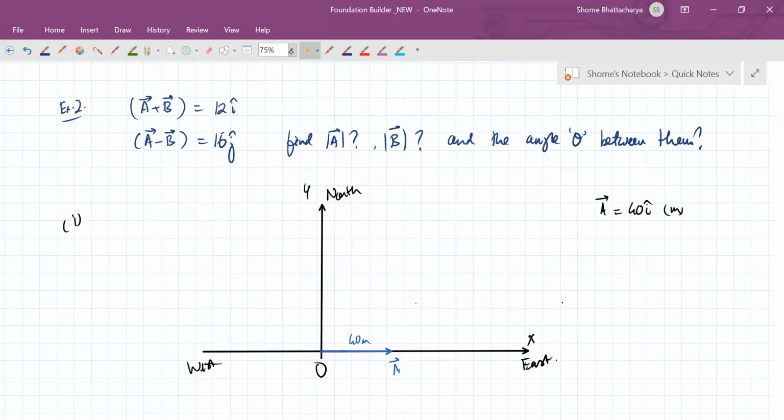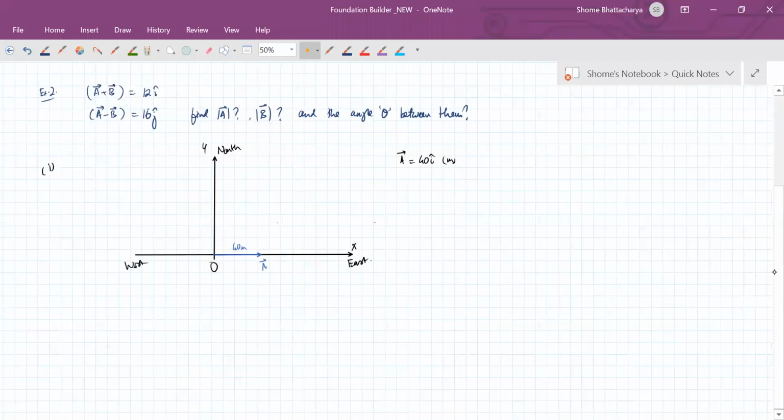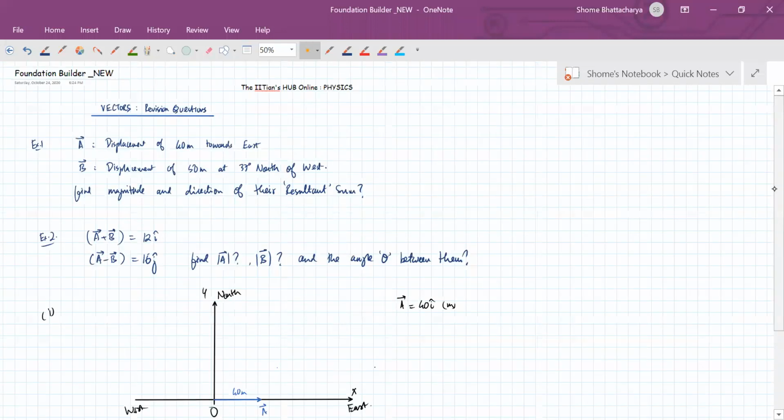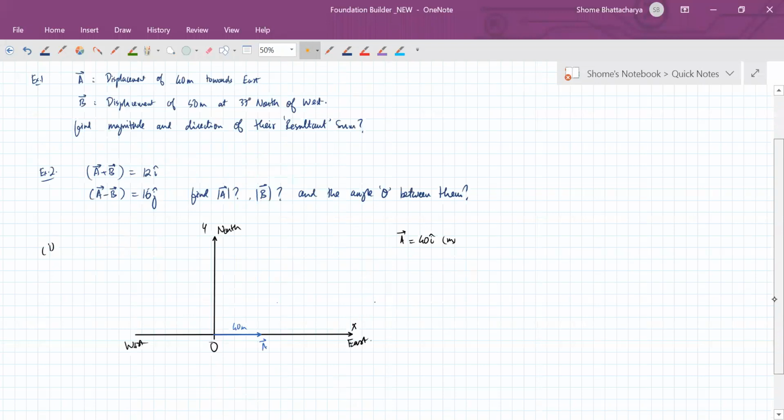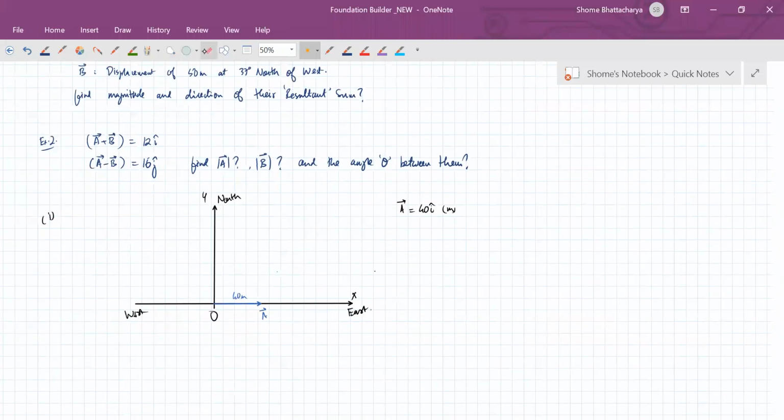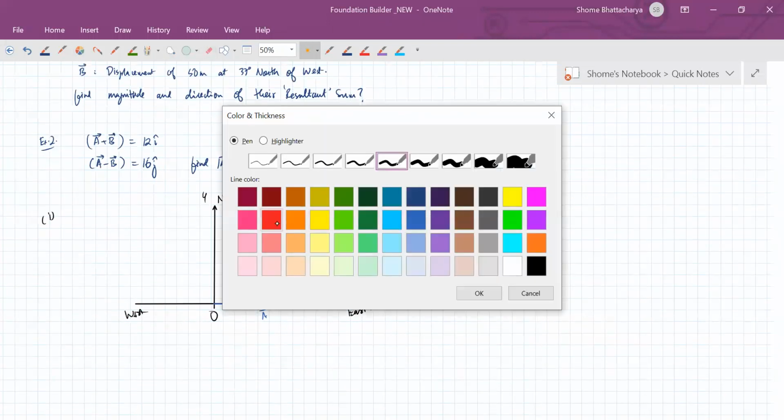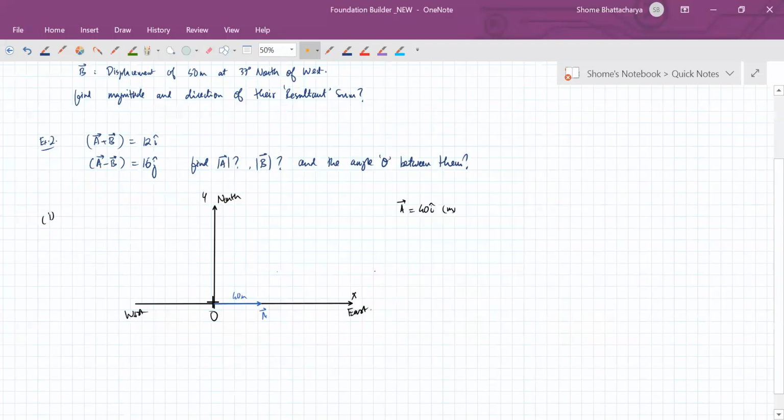Okay. Now in comparison, the second one you can see is like this. It is 50 meters, 37 degrees north of west. So in the diagram, where will that work out to be like this? B is 50 meters, but 37 degrees north of west.